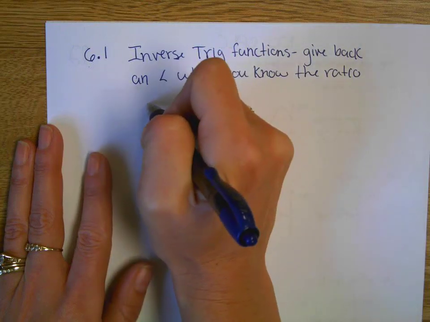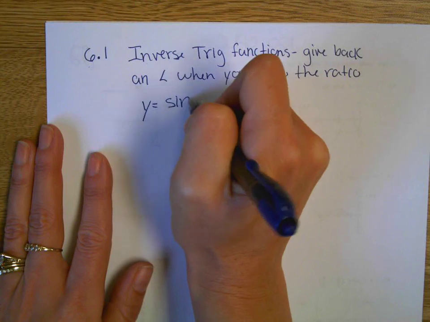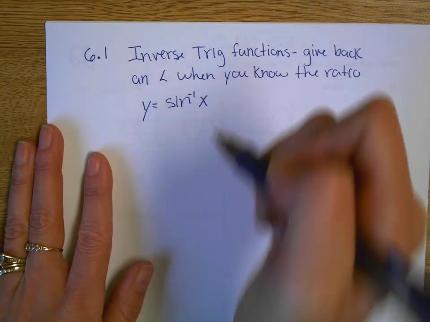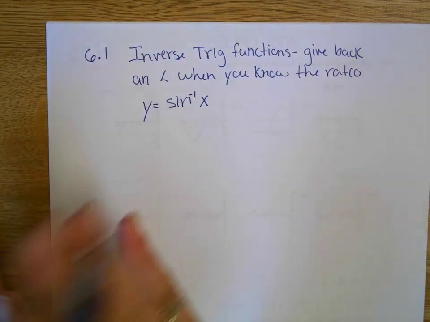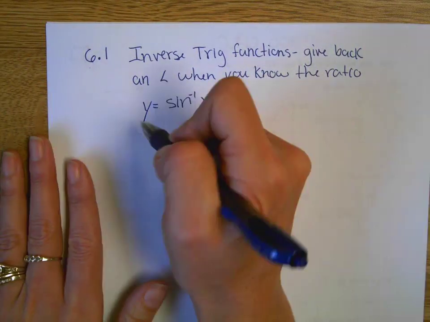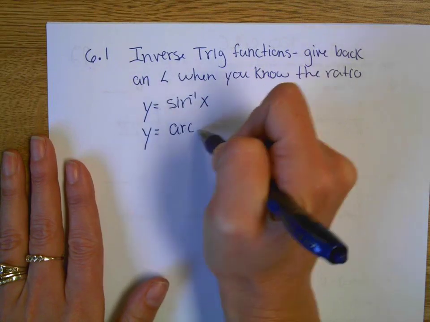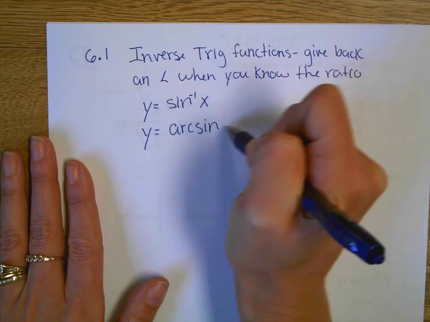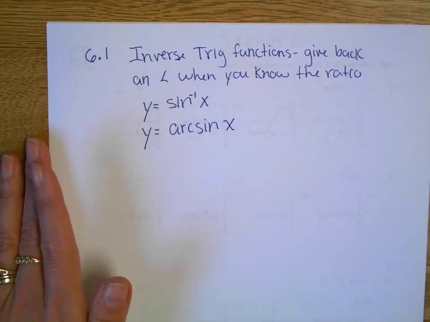So, examples of what we have used: inverse sine. Okay, it would be nice if they just left it at inverse sine. There's another way to say inverse sine. It's called arc sine. I don't even know the history behind that, but the book will use this, arc sine. They're identical, means the same thing.